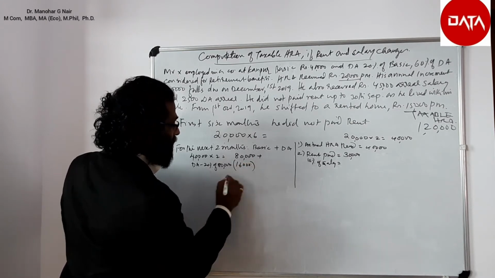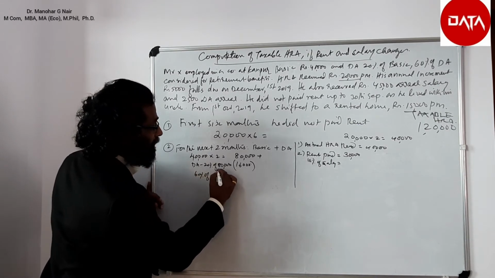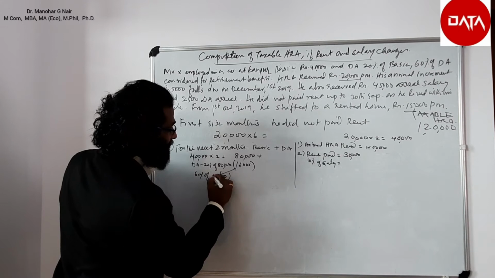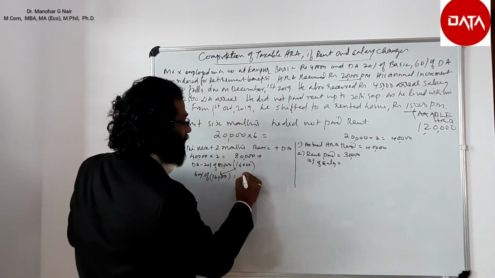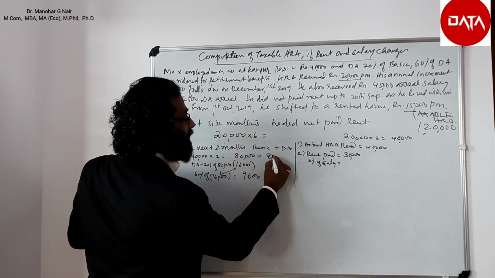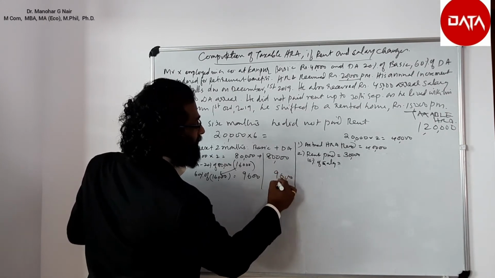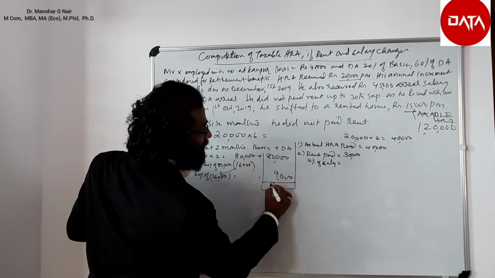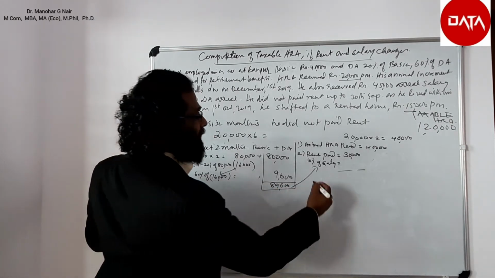Of the 16,000, 60% will be considered for retirement benefit, so that it will be 9,600. So 80,000 plus 9,600 is equal to the 2 months salary. So it is 89,600.